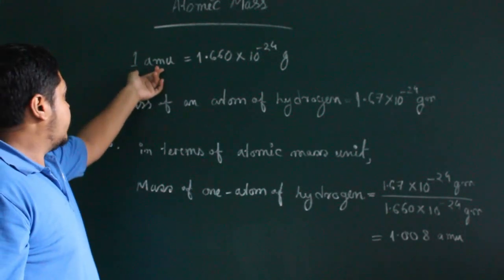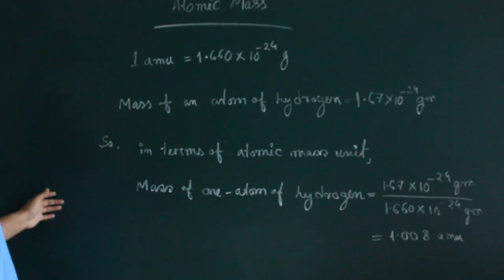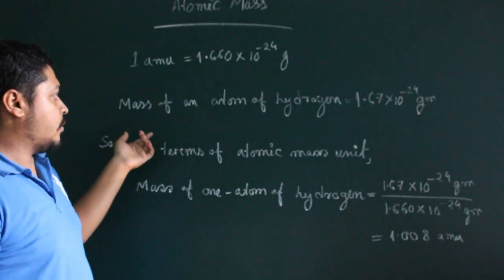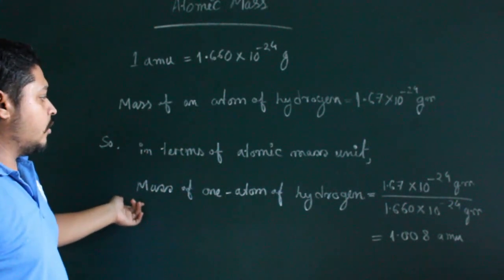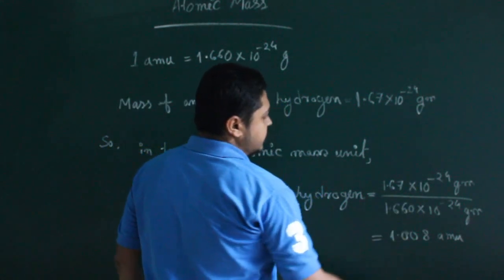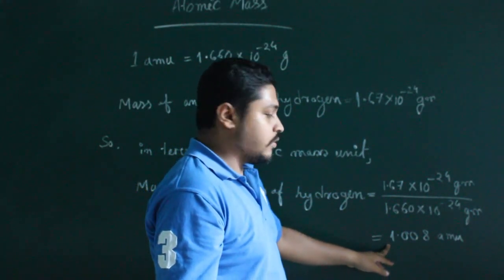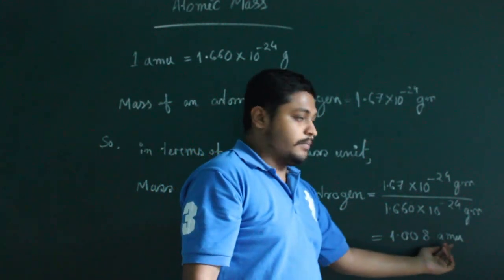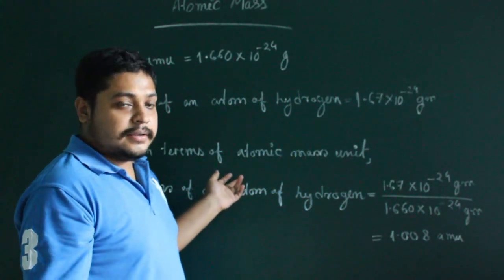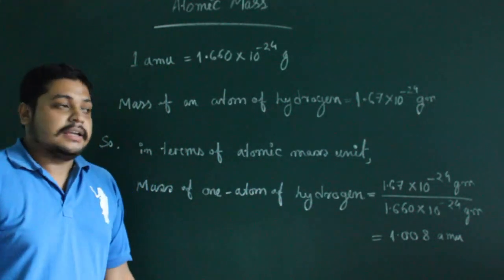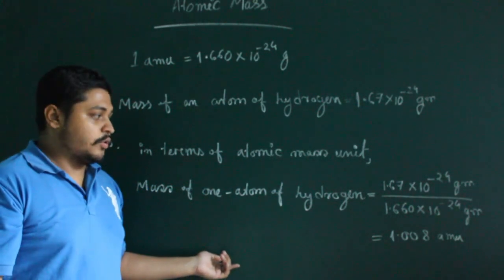We know that 1 AMU is 1.660 × 10^-24 gram, and it is experimentally determined that the mass of one atom of hydrogen is 1.67 × 10^-24 gram. Dividing this by 1 AMU gives the mass of one hydrogen atom in atomic mass units. Similarly, the mass of an oxygen atom is calculated as 15.99, that means 16 AMU.